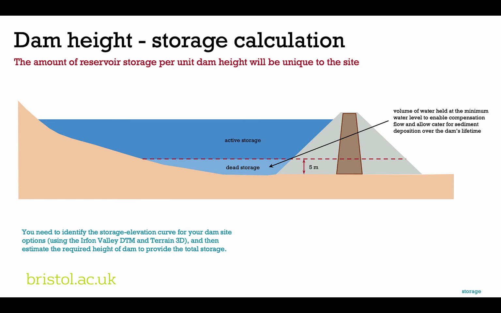The Terrain 3D is an executable program for Windows, and you feed into it the Earthon Valley Digital Terrain Model, DTM, as an input, and then you have to specify where you want to put your dam, and it will draw your storage elevation curve for the landscape behind your specified dam site.